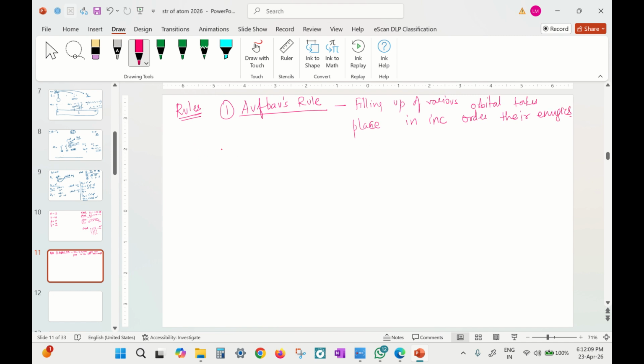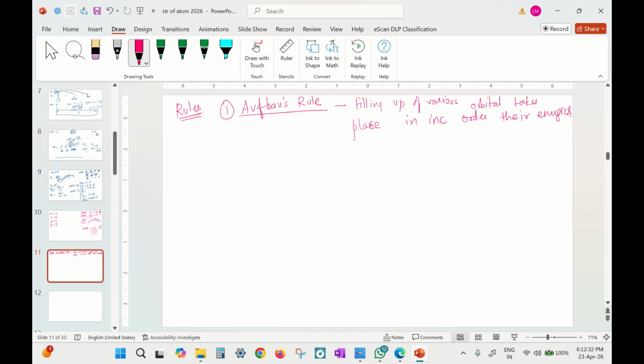That means the orbital with the least energy should be given electron first. Then progressively the orbitals with the higher energy will be receiving the electrons. In increasing order of the energies. That means lower energy orbitals will be given electron first and then the higher energy orbitals.